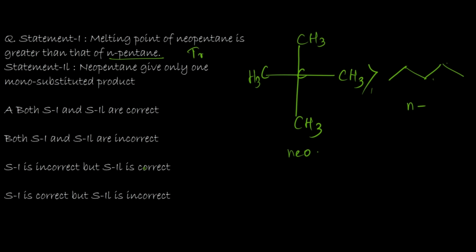That is true. What about the second statement? Neopentane gives only one monosubstituted product. Whichever hydrogen you substitute, the monosubstituted product will be the same. The central carbon does not have any hydrogens, and the remaining carbons having the hydrogens give the same monosubstituted products. So this statement is true. Both the statements are correct.